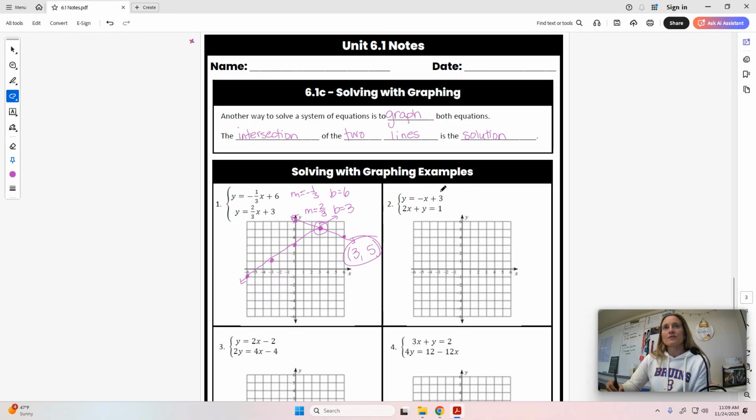In this next one, the first line is y = mx + b. It's all set up to be able to graph nice and easy. We have a slope of -1 and a y-intercept of 3. So we're going to go ahead and put this one on the graph.